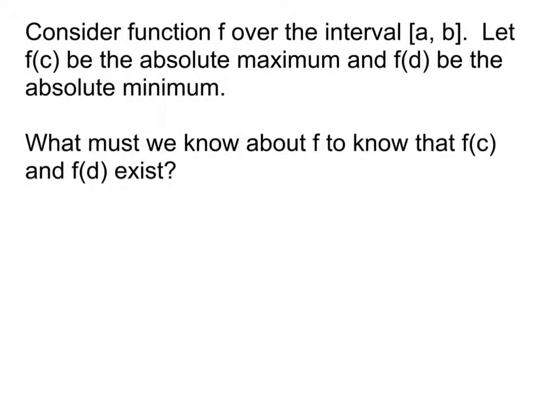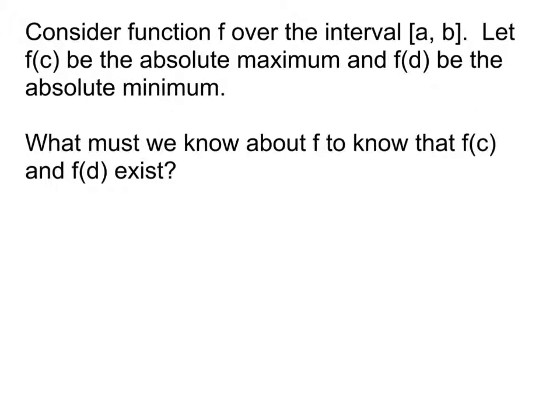All right, now there's actually some little detail-y stuff that we have to dig into related to this kind of thing. So, I need you to really process this information, so make sure you're really thinking about what this means as we read through it. Consider some function f over the interval a to b. Notice that it includes points a and b, so it's a closed interval.